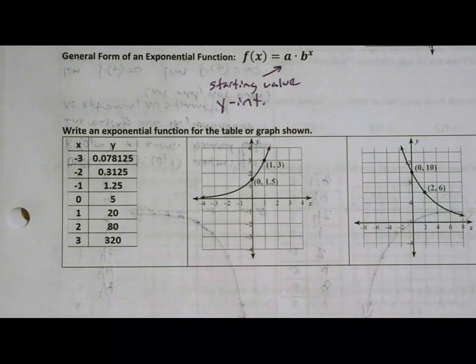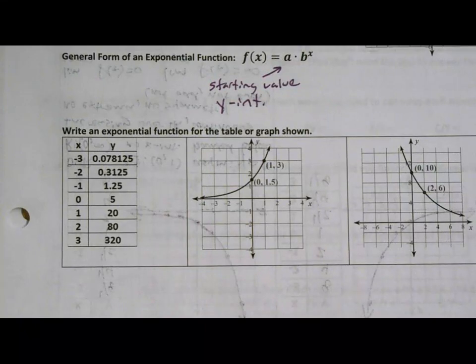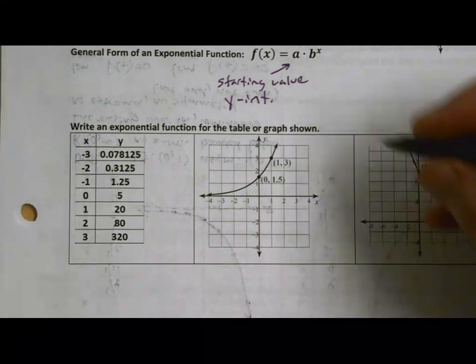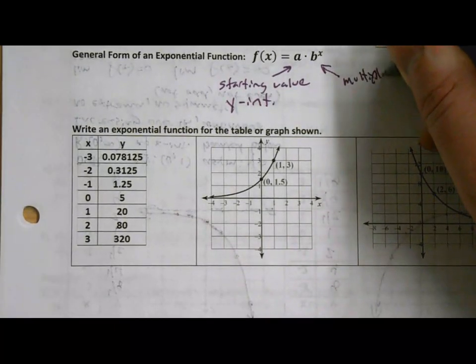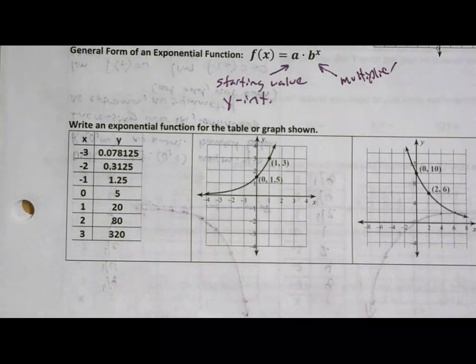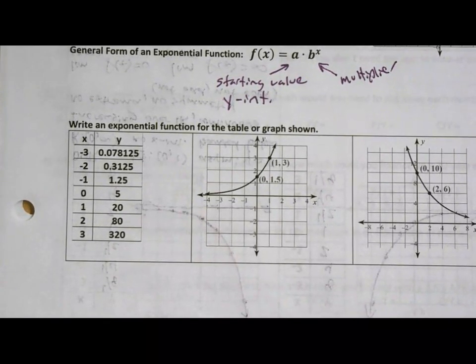Or how many people live in the state right now? How many fish are in the pond at the beginning? And then B we think of as a multiplier. It's whatever we're multiplying by over and over and over again as we move forward.